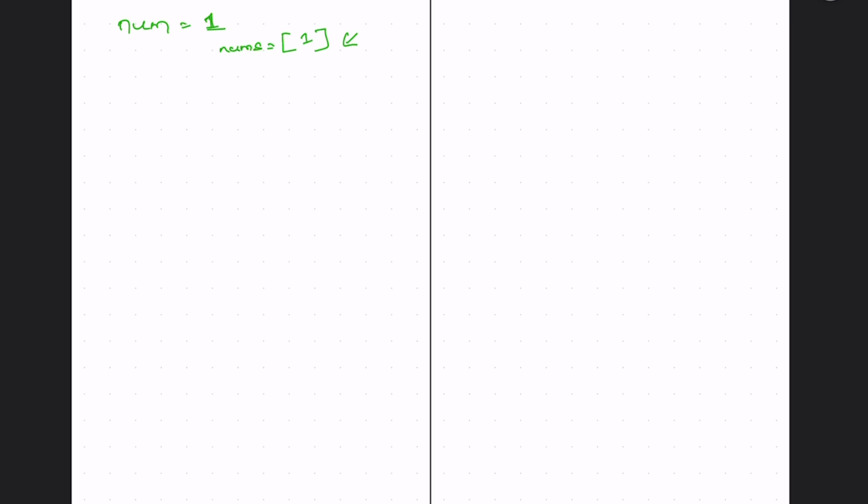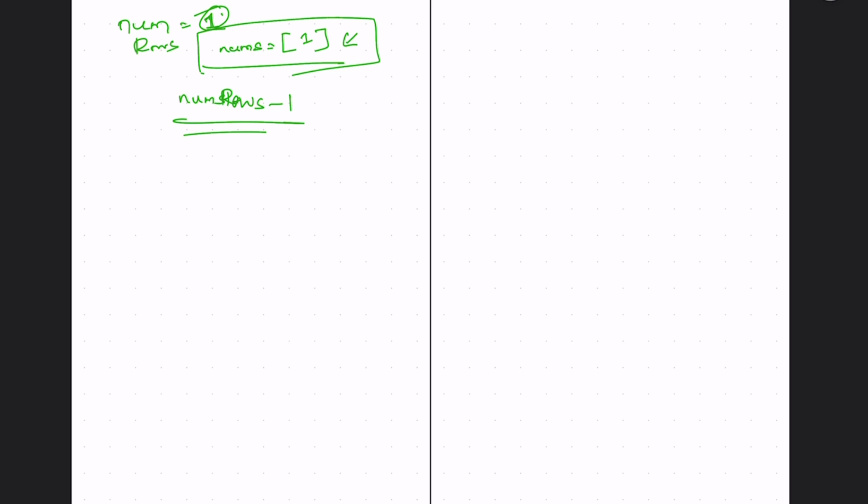When num equals 1, we will be initializing our array with nums equals 1. We will be traversing till numRows minus 1. So already 1 minus 1 is 0, it won't traverse any further.